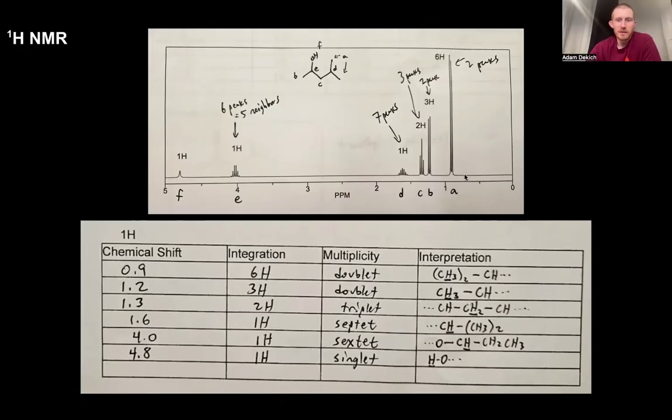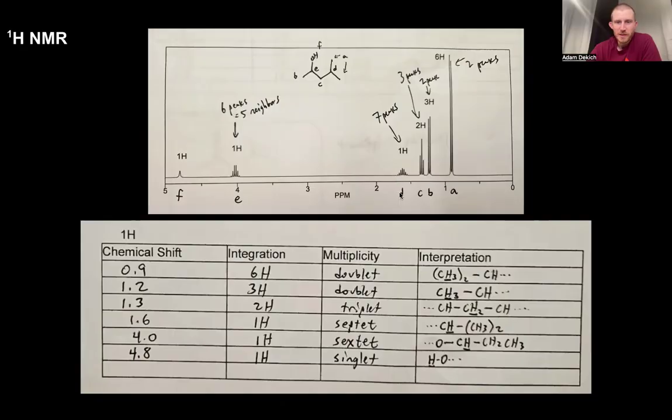The third peak here is what I've labeled C. It's a triplet, so this should have two neighboring hydrogens, and we have two of this type of hydrogen. So I would suspect that it's a CH2 with perhaps a hydrogen on either neighboring carbon.